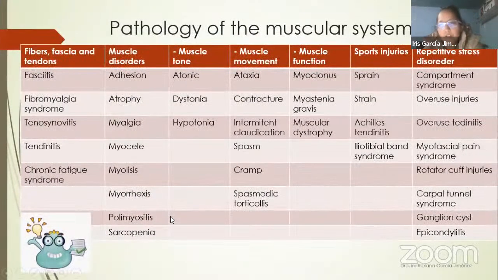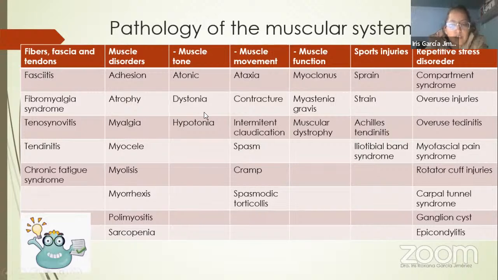Now the pathology of the muscular system, we have again this big chart showing us some examples about the situations. And well, you can see here we go with the same suffixes to construct the medical term. And we just have to practice them.